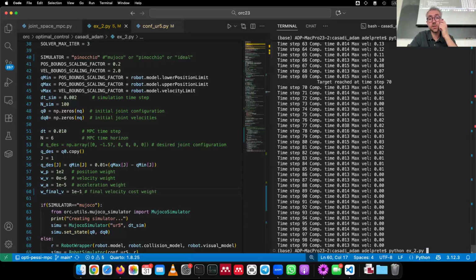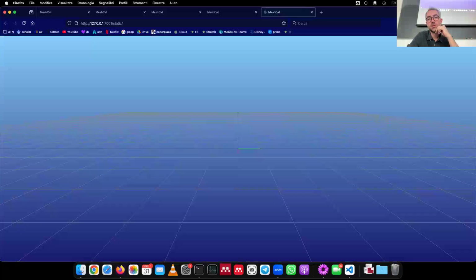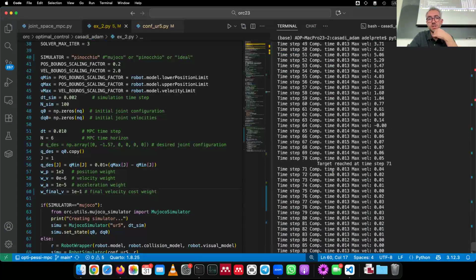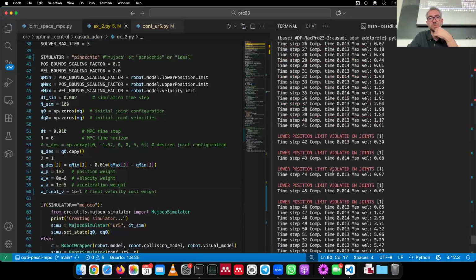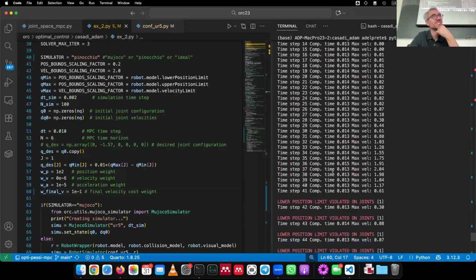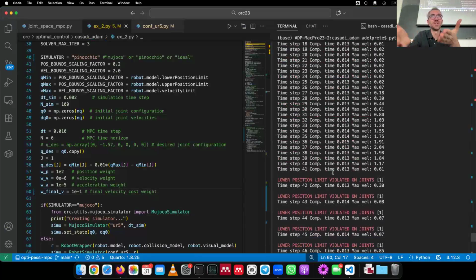So instead of 46, let's see. We had a bit of an overshoot. And so actually, no, it didn't improve. That's too low. And you can see we have this problem of needing to tune this. And the tuning is going to depend on the target and on the initial state. So it's a bit annoying to do this tuning.